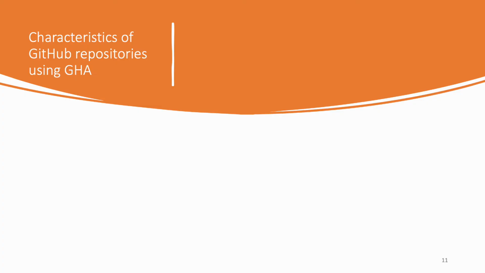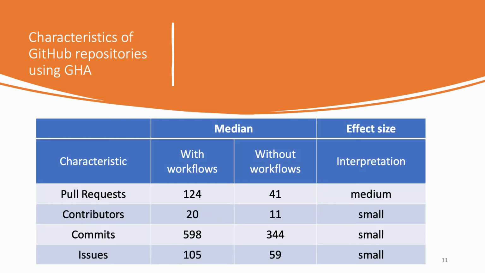Next, we checked different characteristics of repositories to see if using GHA has an impact on any of them. The results are that in repositories with GHA, we tend to see 3 times more pull requests and 2 times more contributors, commits, and issues.